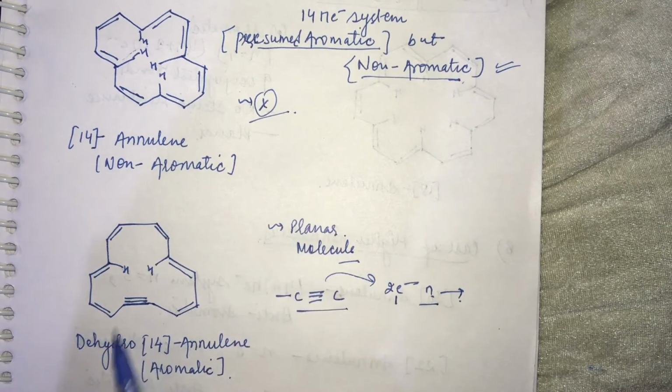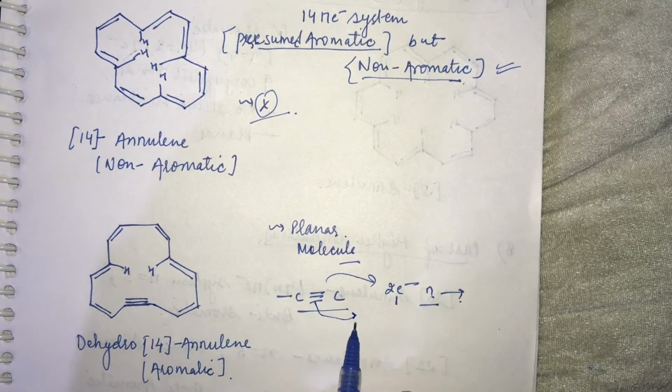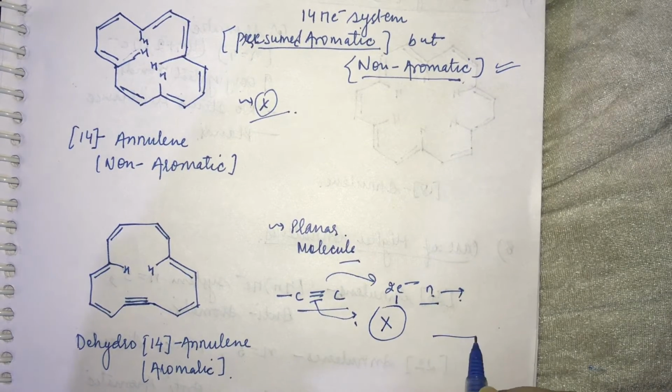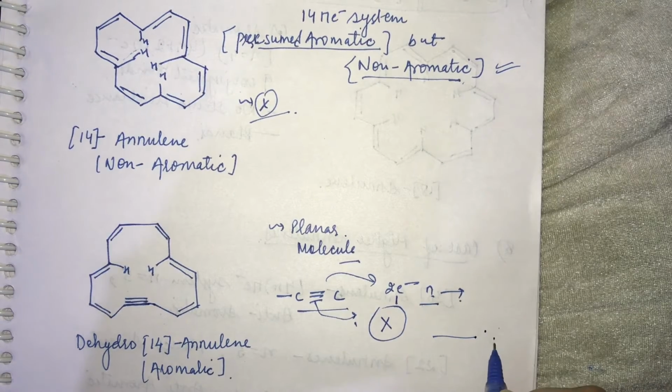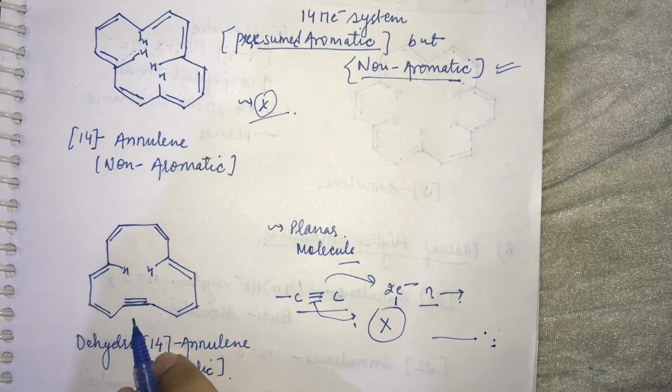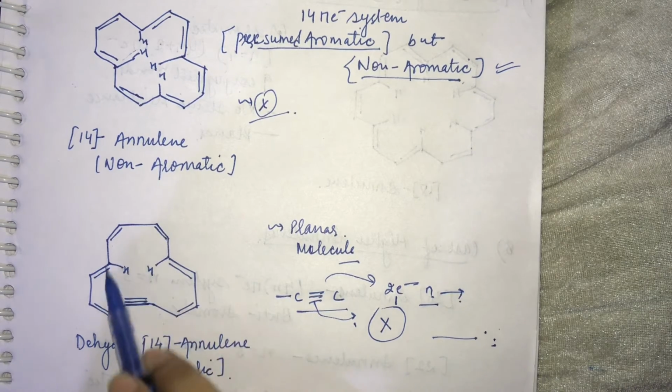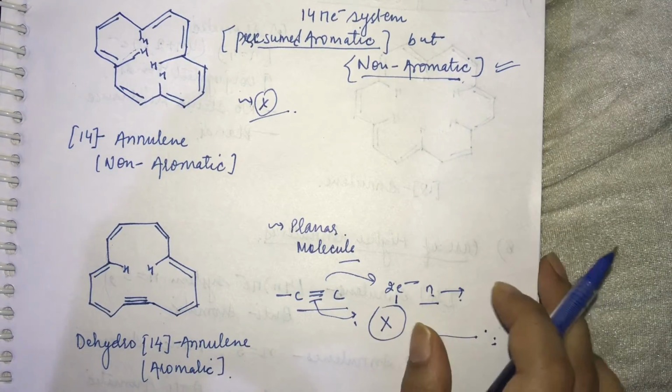The other pair of pi electrons does not interact with the delocalized system, as it is at right angle to the conjugated pi electron system. Hence this molecule turns out to be an aromatic compound.